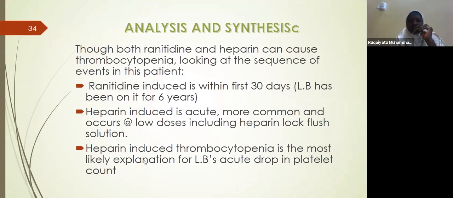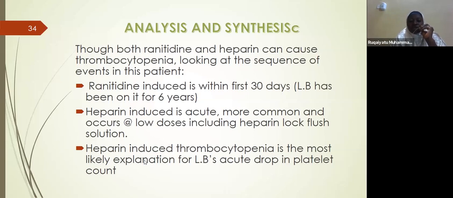It was within 4 days of initiation, after about 4 days of being hospitalized. So we know that ranitidine induces thrombocytopenia within the first 30 days. LB has been on it for 6 years, so there's a high chance that ranitidine will not be the cause in this particular patient.